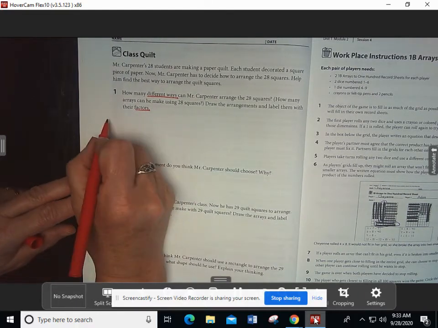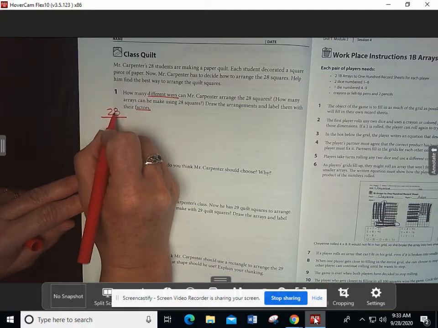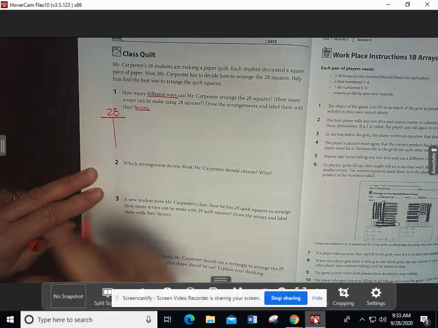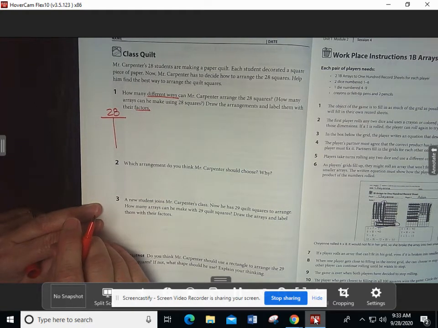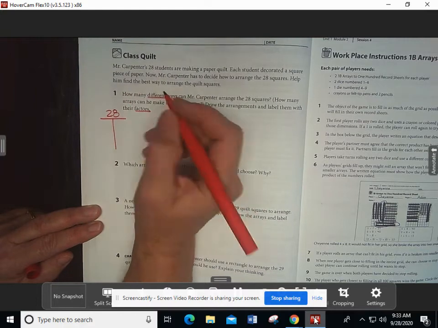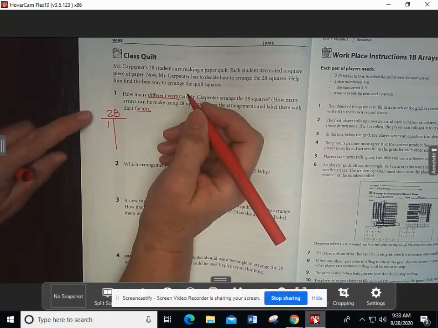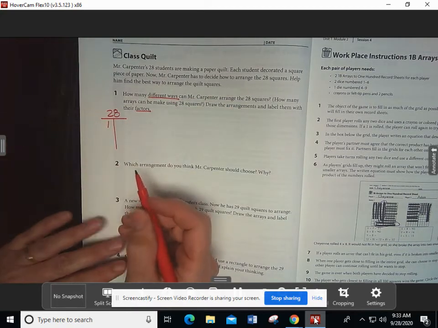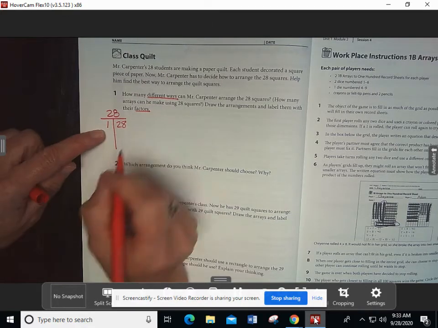Did anybody think of this to know if you found them all? So what would be the first number we would start with for factors? Reese? 1. And if 1 is on this side, what's on the other side? 1 times what, Brooklyn? 28. What comes after the number 1?